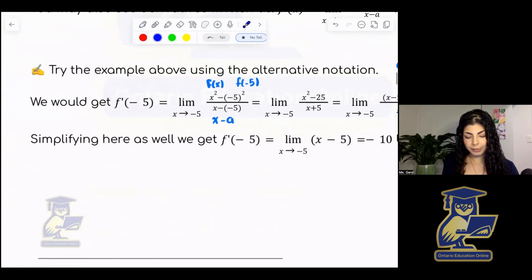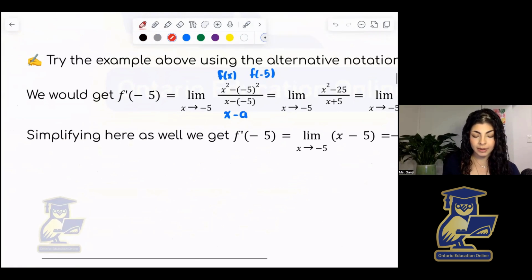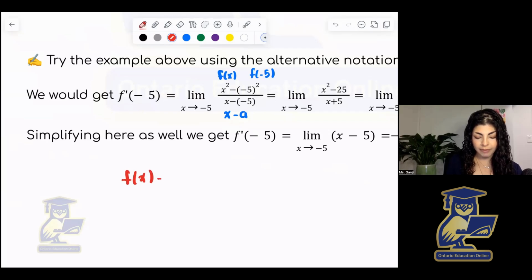And I'll add in another piece. If you remember from our last lesson, we found that for the function f of x is x squared, the slope of the tangent is actually equal to 2x.